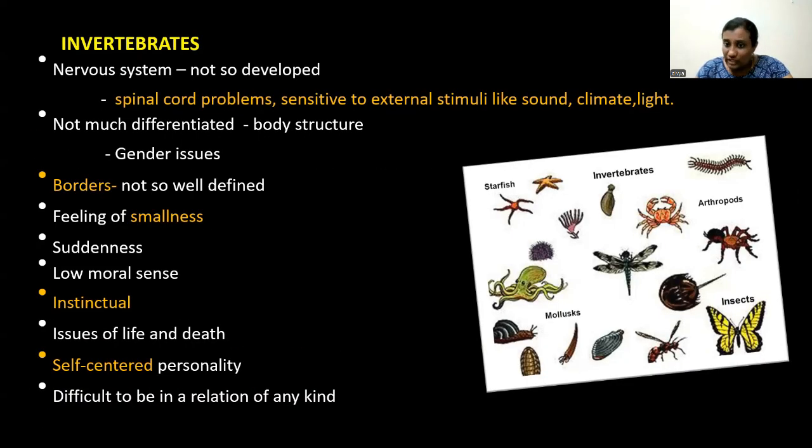One, because of their fear of being harmed, they need that protective cover. They are introvert, they are shy, they don't mingle, they are within themselves, they are self-centered. So when everything is inside, it is very difficult for these people to form a relation of any kind.